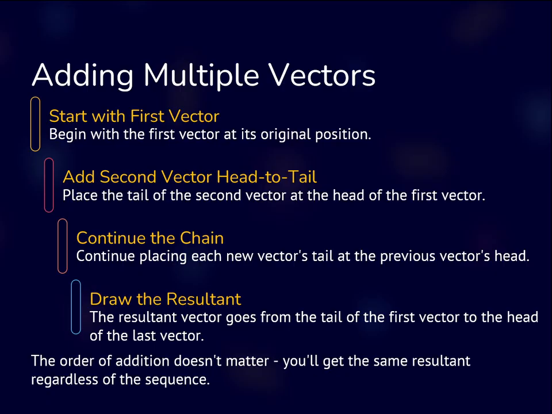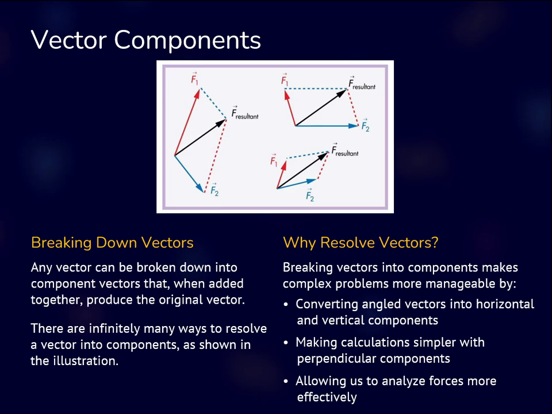After placing all the vectors, draw a single arrow from the tail of the first vector to the head of the last vector. That is your resultant. The order doesn't matter. You'll get the same result. This is how GPS systems calculate the shortest path from multiple steps.